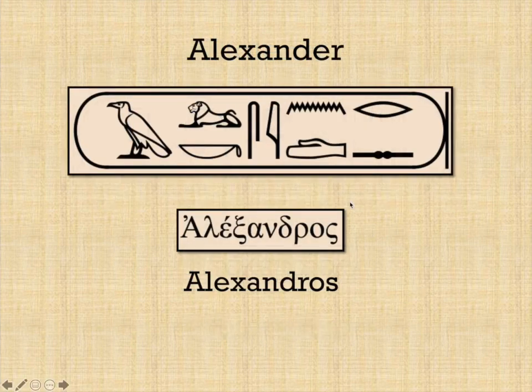Now, this is a much more famous king than Ptolemy, Alexander, or as he is called in Greek, Alexandros. And we can see the arrangement of elements, and we see some begin to repeat, like, for example, the lion, and this crooked thing here, and that. And we begin to see, as I say, repetition.